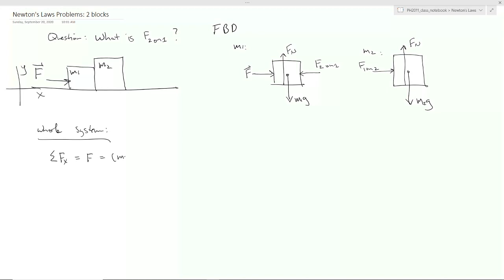The mass of the system is the mass of both of these added together, times the acceleration.